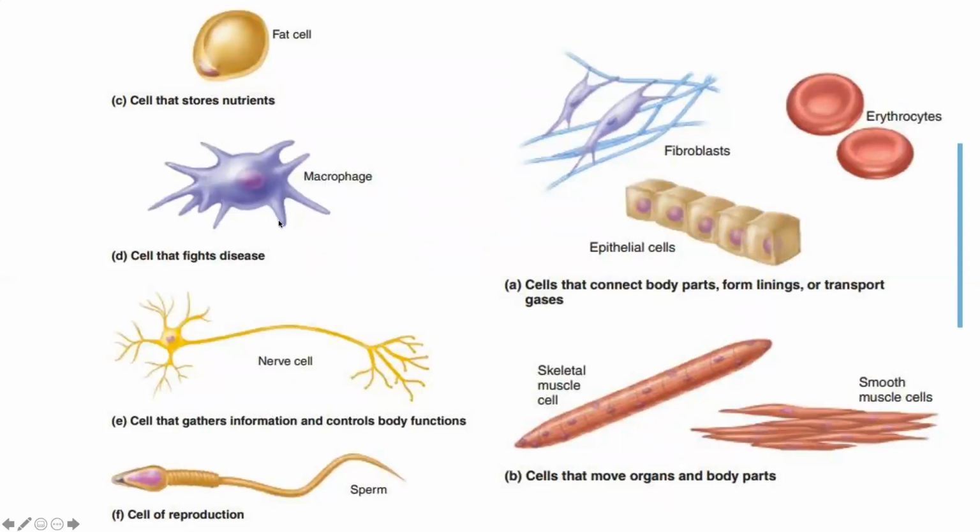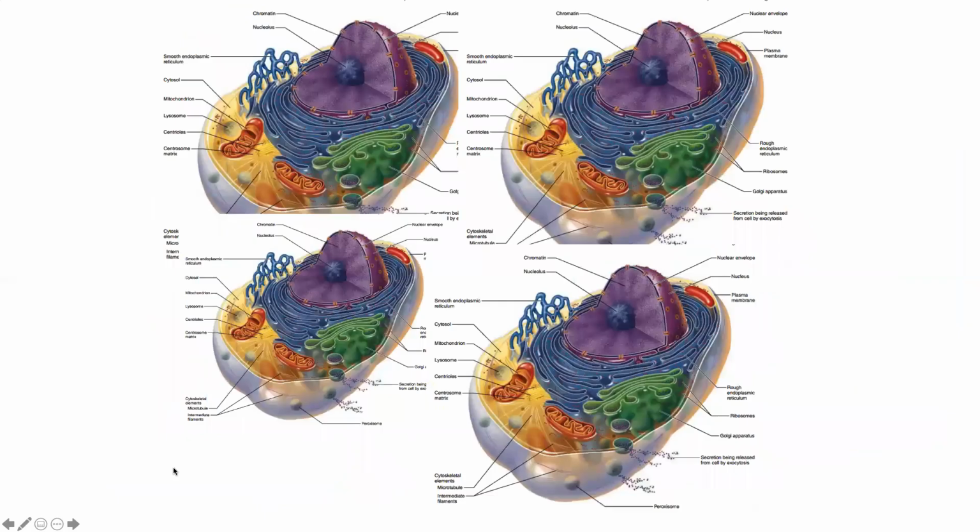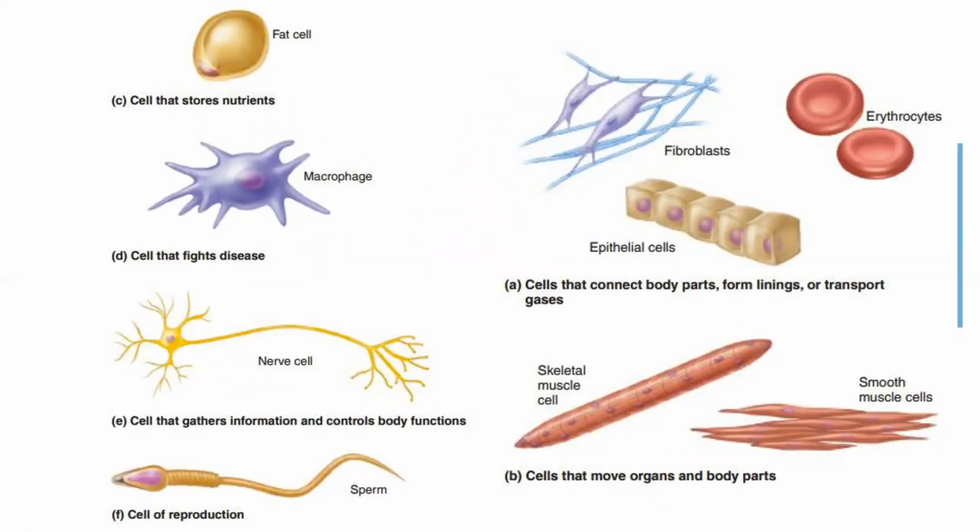A macrophage has spikes. A nerve cell looks like that. A sperm cell has a shape like that. So what we see in these slides and what we have in reality will be different. A fibroblast cell will be like that, an erythrocyte, a red blood cell, will be like that, and an epithelial cell might be like that, and so on.